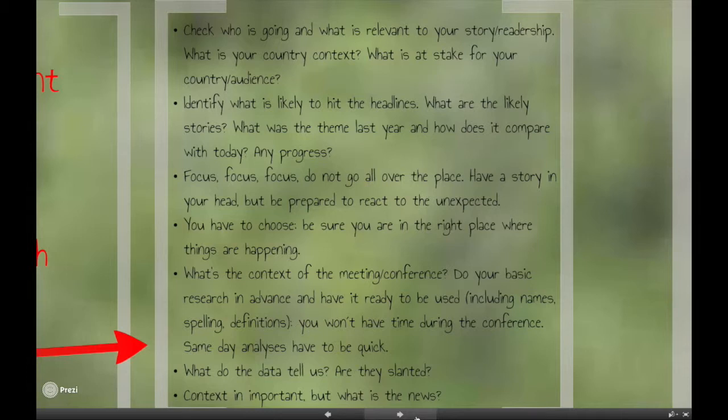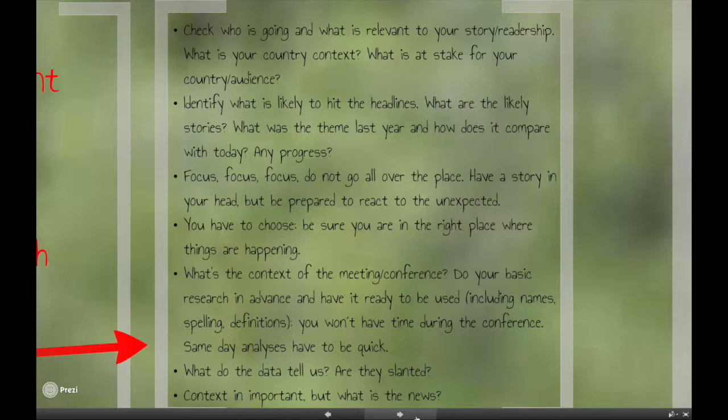It has to be quick. Also, what do the data tell us, and are they slanted? Is there any bias that you have to take into account in the sort of data that you're getting?